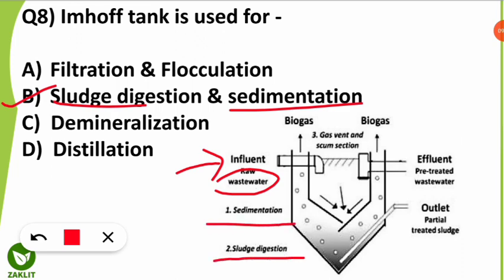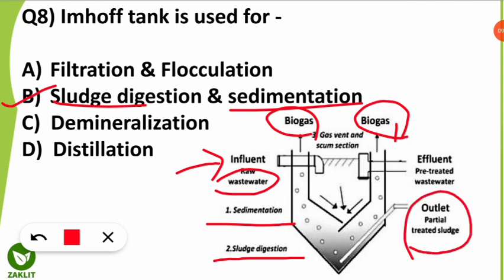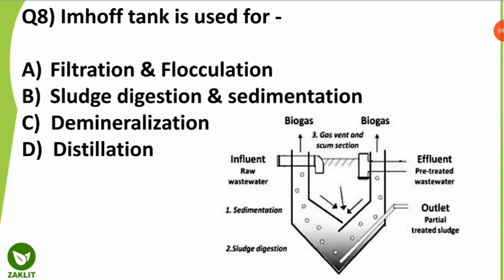As a result, biogas is also released, which can be stored to gain energy. Next, the partially treated sludge moves to the other outlet. This is very important, you should note it down. Let's move to the 9th question.